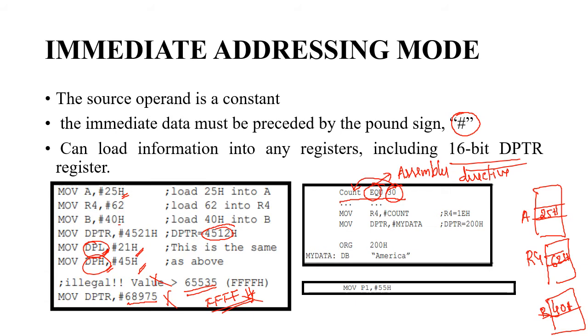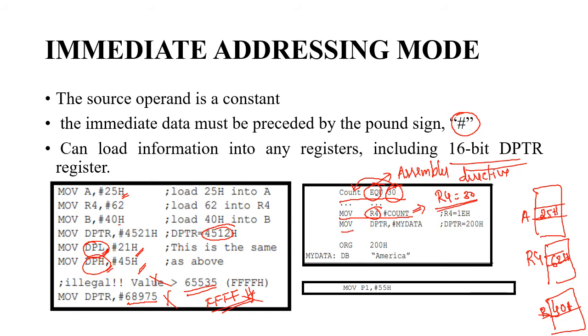Wherever you want to use this number, instead of the number you can use count. So we write MOV R4, #count. The value of count is 30, so the immediate value 30 will be loaded into the register R4. After the execution of this instruction, the R4 register will be loaded with the immediate data 30h.